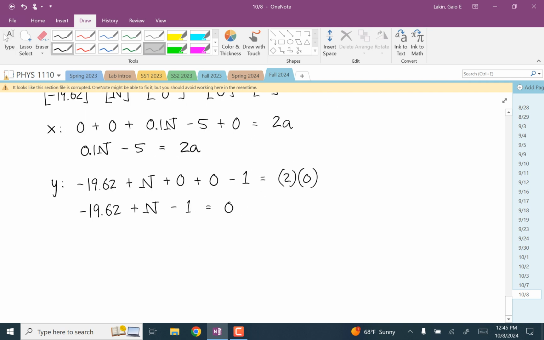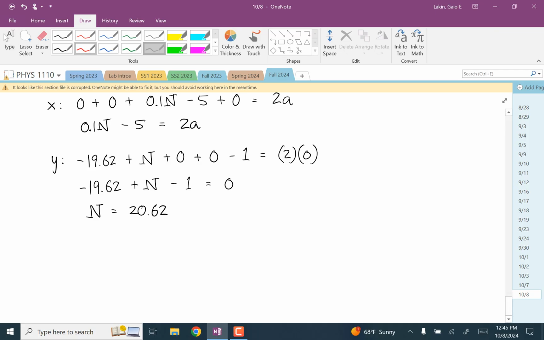Solve the algebra and you get that N is equal to 20.62. And now we can take this and plug it into the x equation.